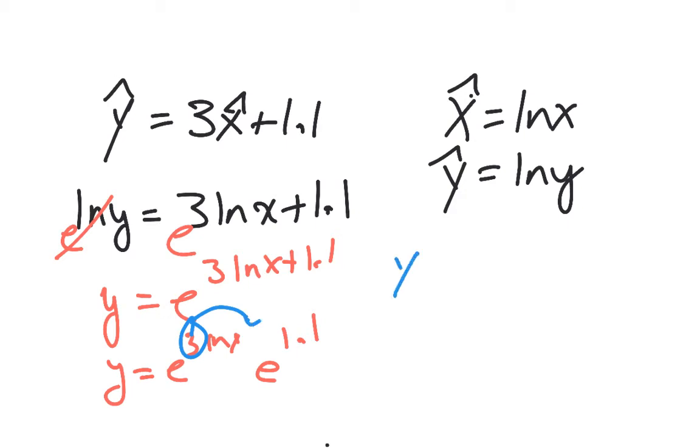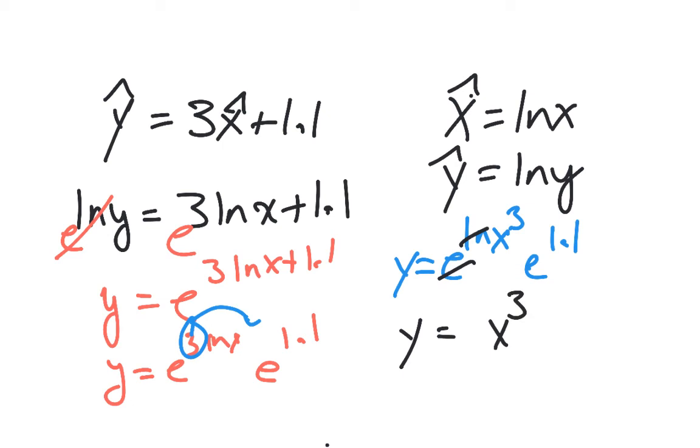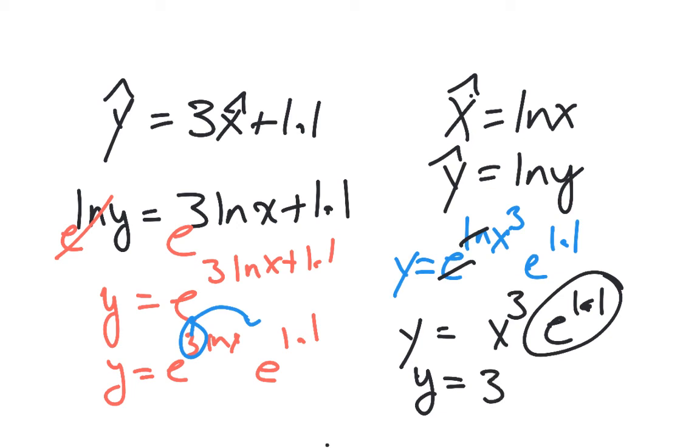So this is going to be y equals x to the third, and then e to the 1.1. Now right here, these two bases can cancel out. You get y equals x to the third times e to the 1.1. Well, this right here is just a number. Put it in a calculator and we get that it is approximately 3. And so we get y equals 3x to the third. And there you go.